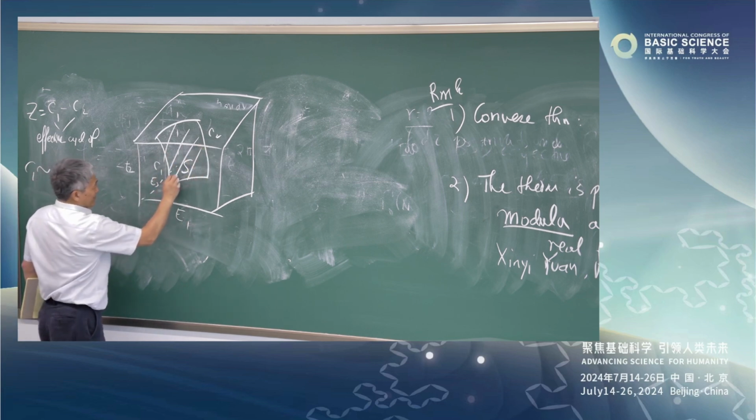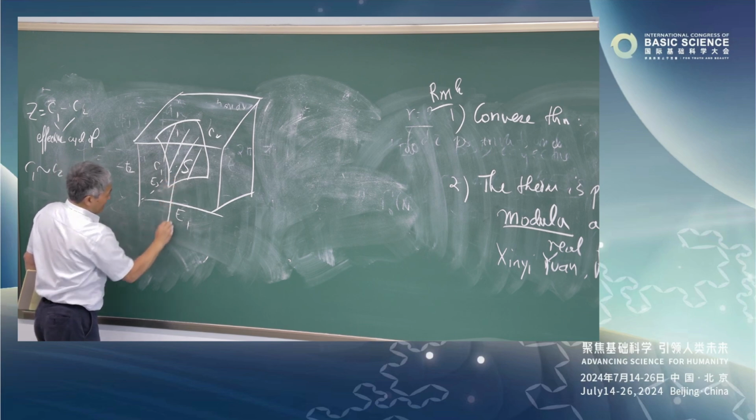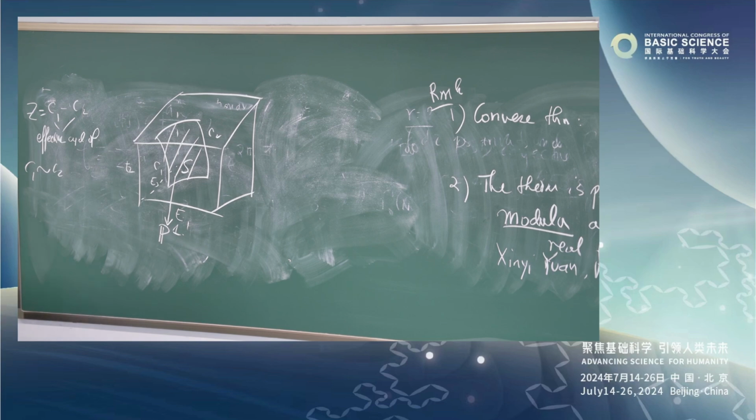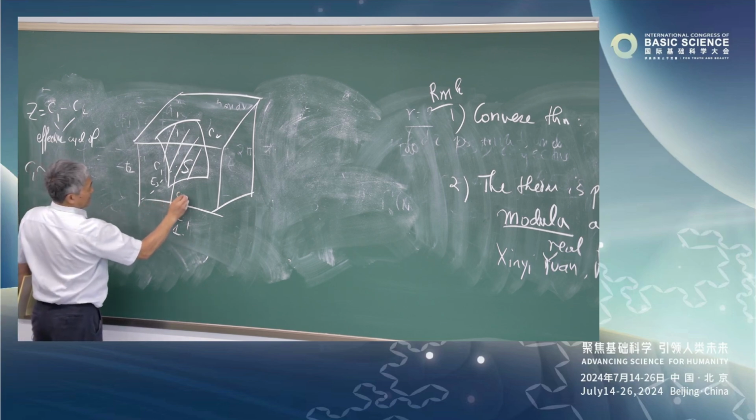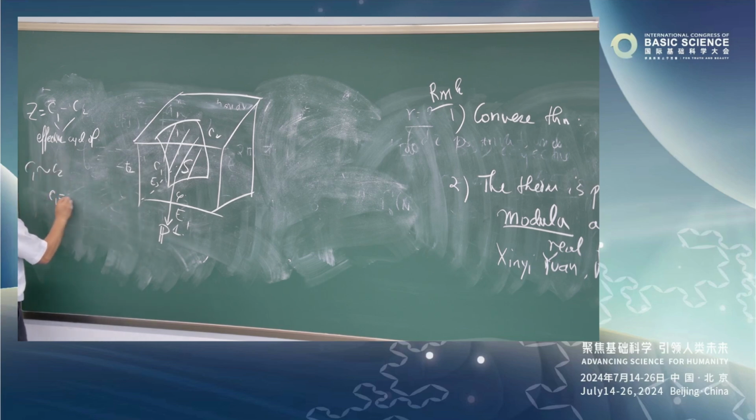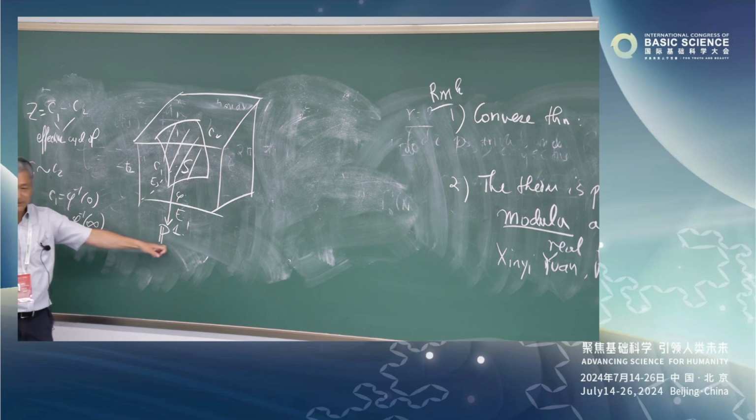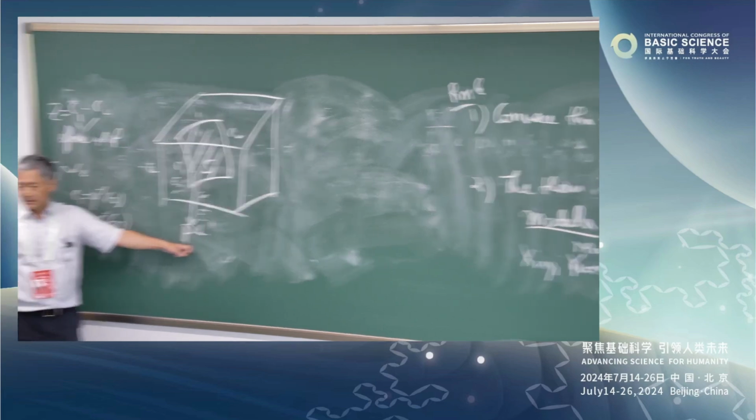The surface has a map phi to P1, where C1 is phi inverse of 0 and C2 is phi inverse of infinity. In this case, we call C1 and C2 equivalent. You can move a cycle from one to the other. This is why I call it rational: because P1 is a rational curve.